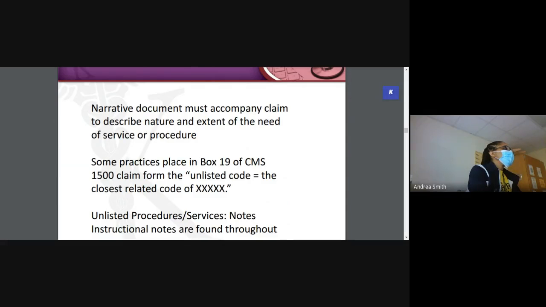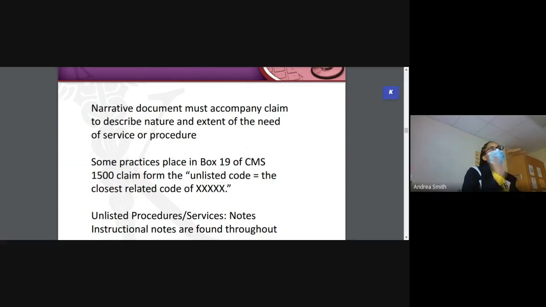A narrative documentation must accompany a claim to describe the nature and extent and need of the service or procedure. Some practices place in box 19 of the CMS 1500 claim the unlisted code, the closest related code of the one you used. So cold laser.